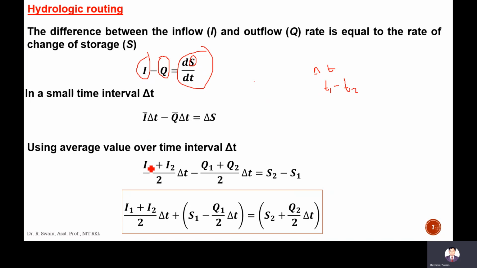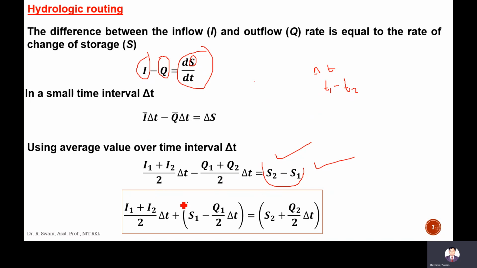At T1, I1 is the inflow, at T2, I2 is the inflow, and Q1 and Q2 are the outflow at T1 and T2 respectively, and S1 and S2 are the storage at T1 and T2 respectively. Then we can write the average inflow, I1 plus I2 by 2 into delta T, minus Q1 plus Q2 by 2 into delta T, is equal to S2 minus S1 over the time period delta T.